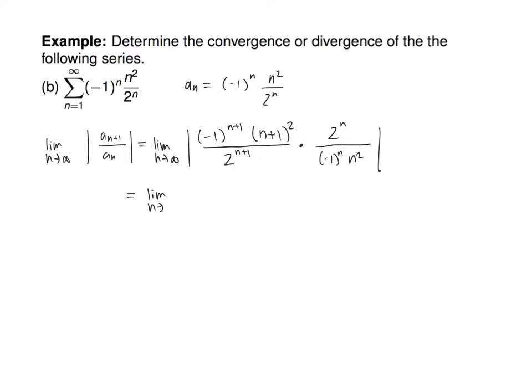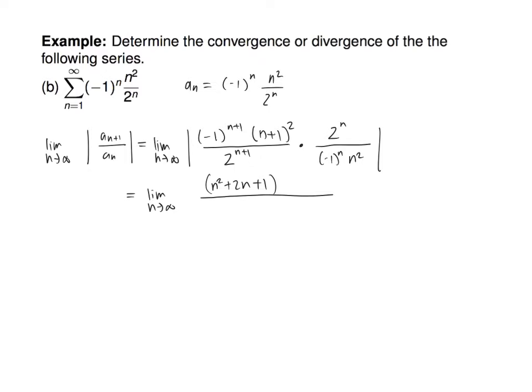Okay, I really am somewhat lazy at times. And negative 1 to the n plus 1 and negative 1 to the n, what happens to them when you absolute value them? Becomes positive 1, right? So they just go away. Does that make sense? Don't worry about them. In the numerator, we have this n plus 1 squared, which is n squared plus 2n plus 1.